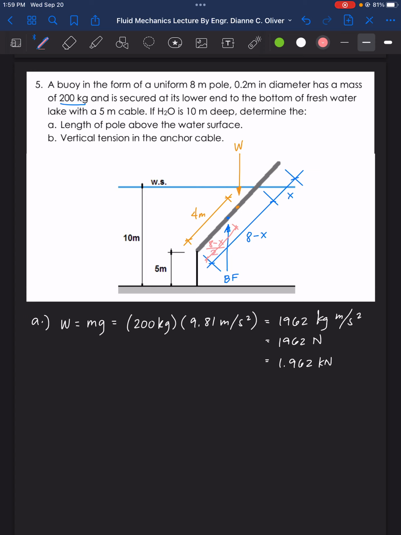If we compute for BF, the buoyant force is equal to gamma of the liquid times the volume.